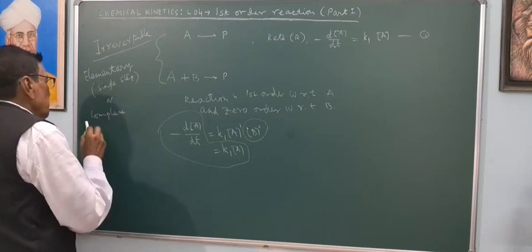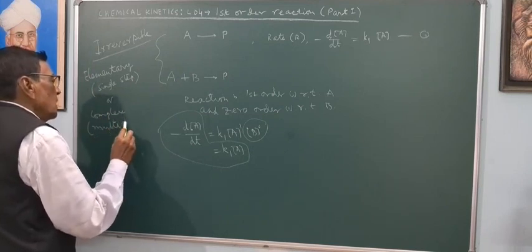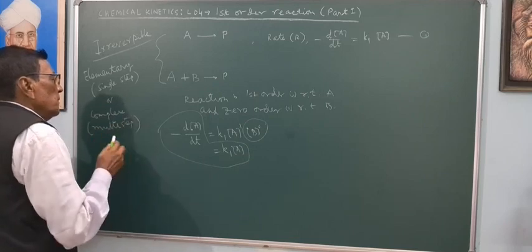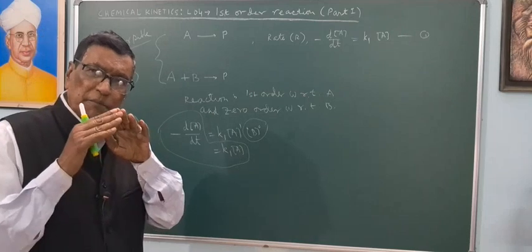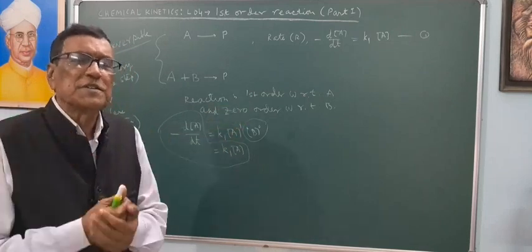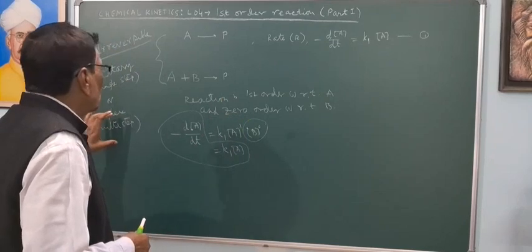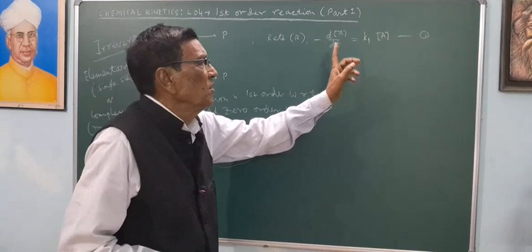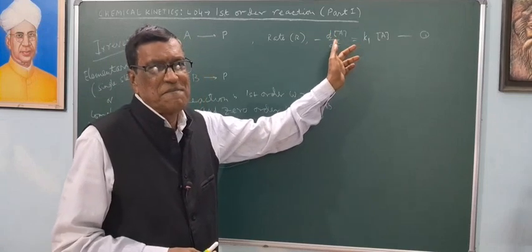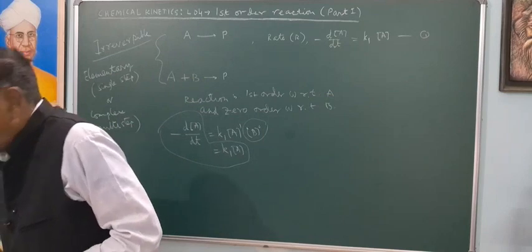Complex means multi-step, meaning the reaction can go in many steps to reach the product. Whether elementary or complex, it is a first order reaction, and the differential rate law will be like this.